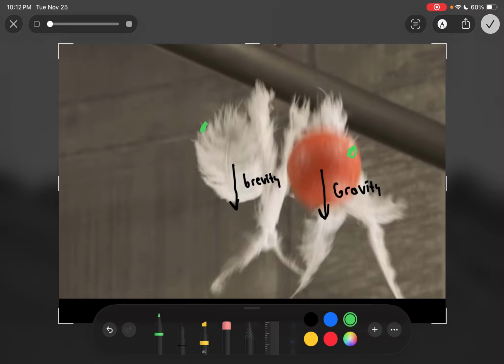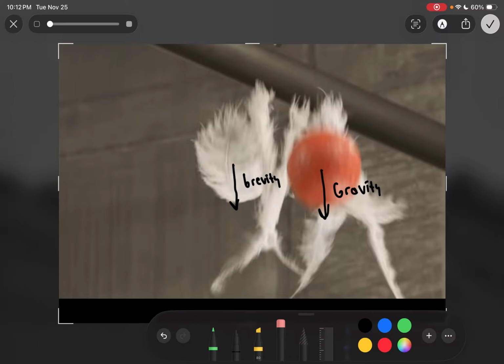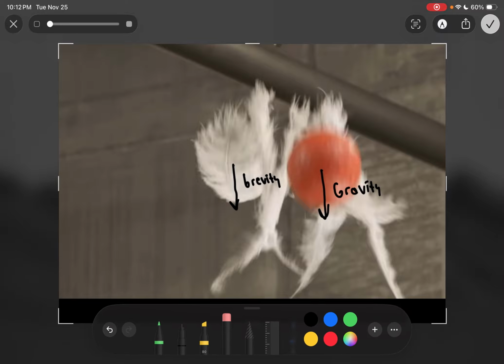But then why do they behave differently? Why do they accelerate differently? Well, the feather has a very low mass, but a high surface area. And because of that, there's a lot of space for air molecules to hit the object, meaning you can almost visualize there's all these air molecules around the feather as it's falling that it has to run into. And the same thing for the bowling ball.